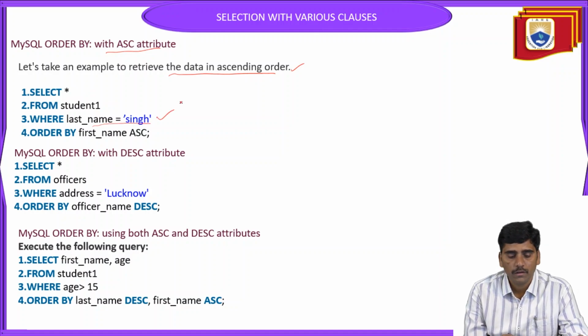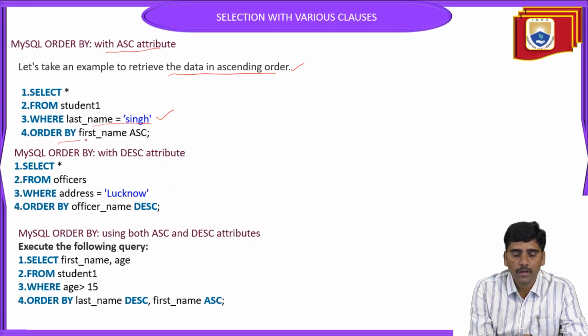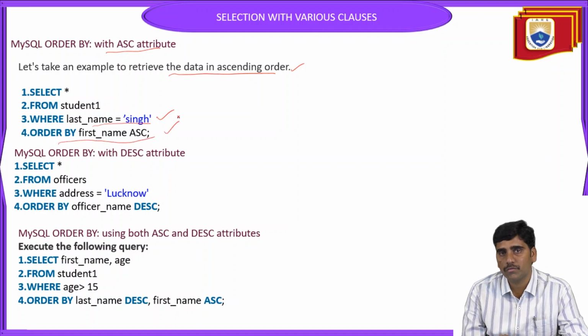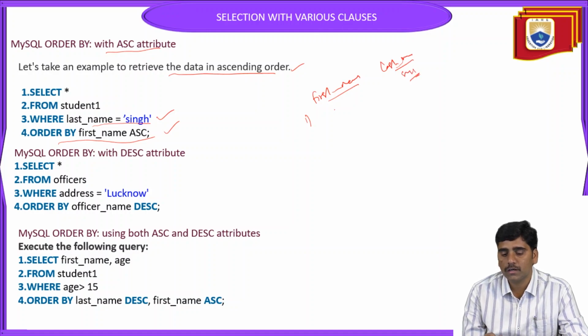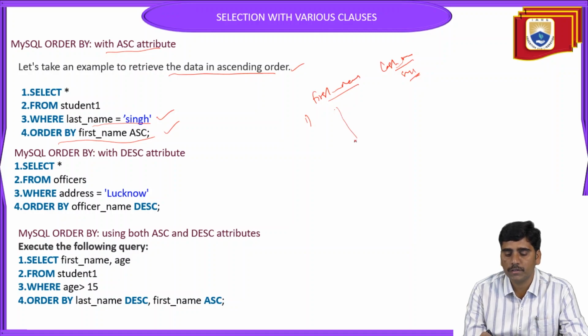I want to display all the values from the student1 table where last name equals Singh, ordered by first name in ascending order. So whoever has the last name Singh, all the records will be displayed with the first name in ascending order. So A, B, C, D, like that it displays in ascending order.